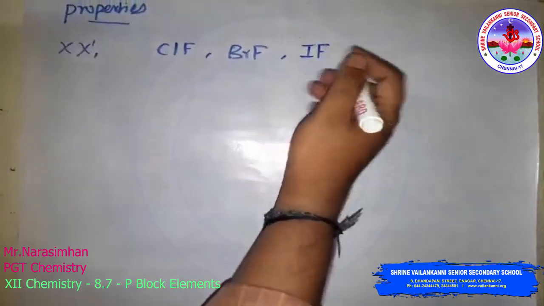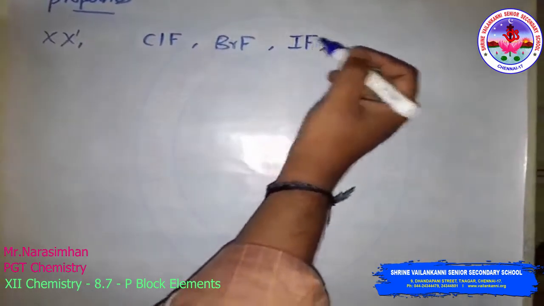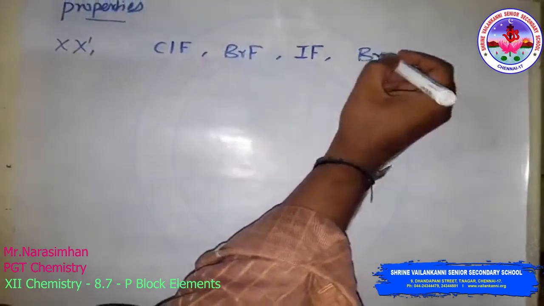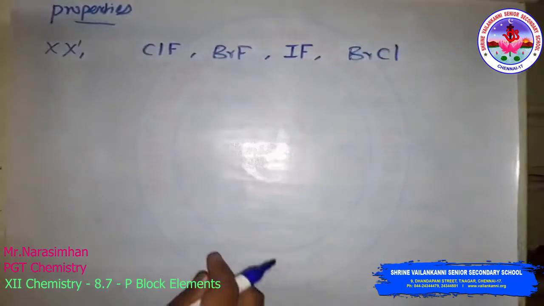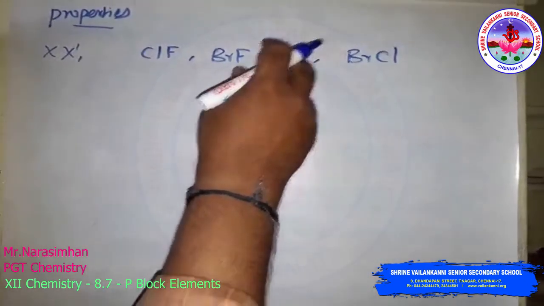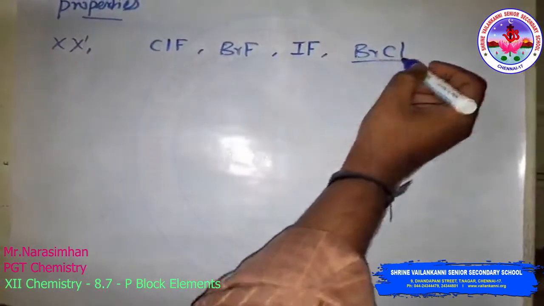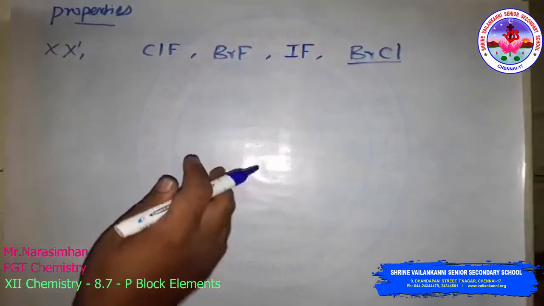Then BrCl is a gaseous form, and it is a pure solid at room temperature.